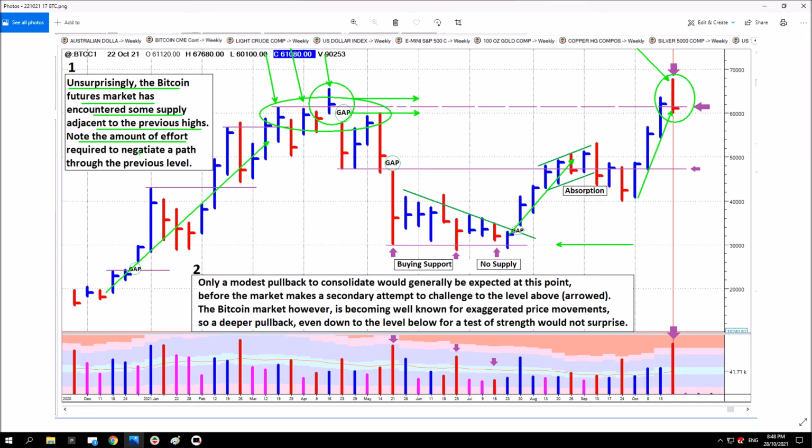Note the amount of effort required to negotiate a path through the previous level. That's this level here. Price spent some time in accumulation here. It gapped out. It pushed up to where price gapped down previously. This was always going to be an important level here. Price spent a little bit of time in absorption mode.